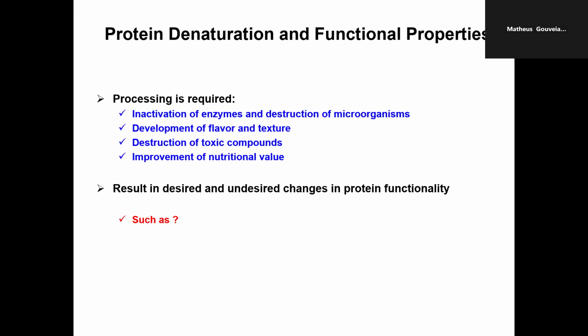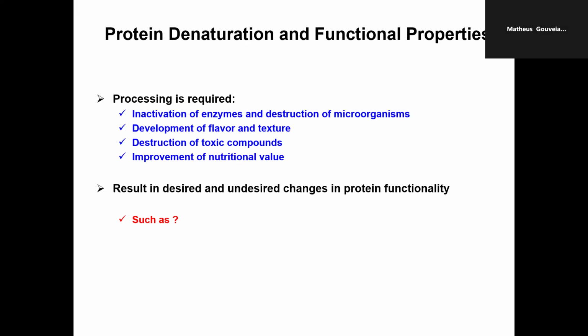Sometimes treatment is to get rid of pathogens, sometimes you want to get rid of even spoilage microorganisms. Also inactivation of enzymes that might impact the color, flavor, and texture of food. And then we cook to develop a desirable flavor and texture, to make things more digestible, and to inhibit some toxic components, saponins, for example. So we have reasons for processing of food.